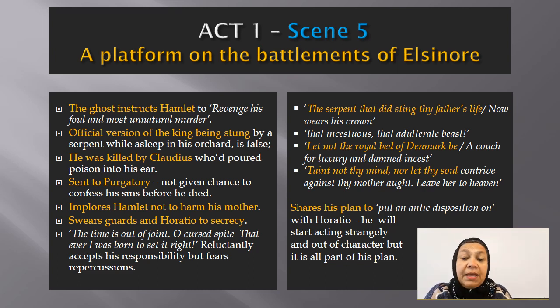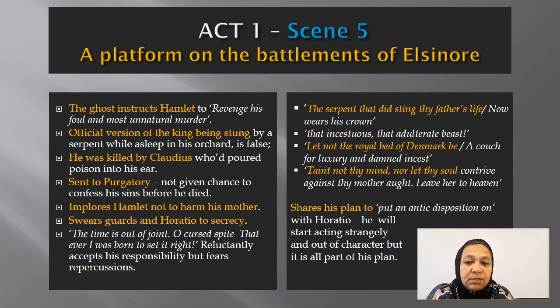He begs Hamlet not to harm his mother. He says, taint not thy mind, nor let thy soul contrive against thy mother aught. Leave her to heaven. So he instructs Hamlet to, yes, take revenge for my death, but do not harm your mother.